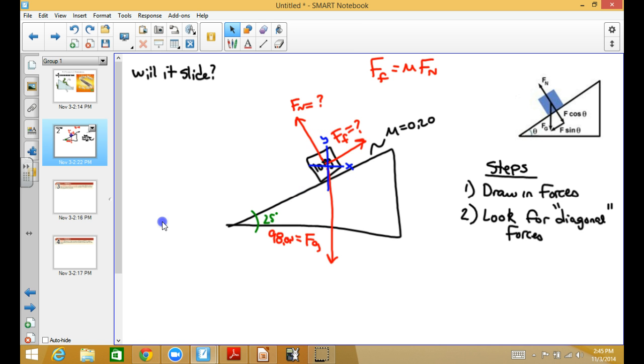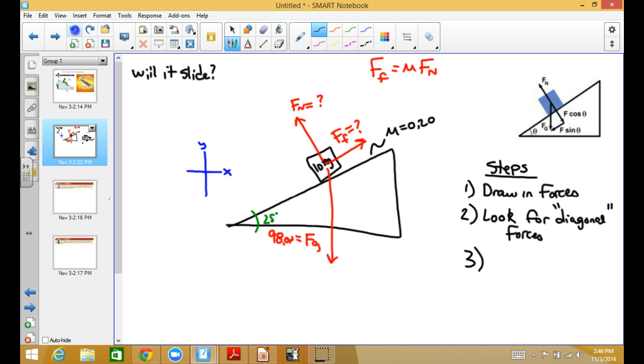We've got a diagonal force here, friction, and we've got another diagonal force, the normal. It turns out there's an easier way to solve these problems. Because what you do after you look for the diagonal forces is step 3, which is to resolve those diagonal forces into their x and y components.